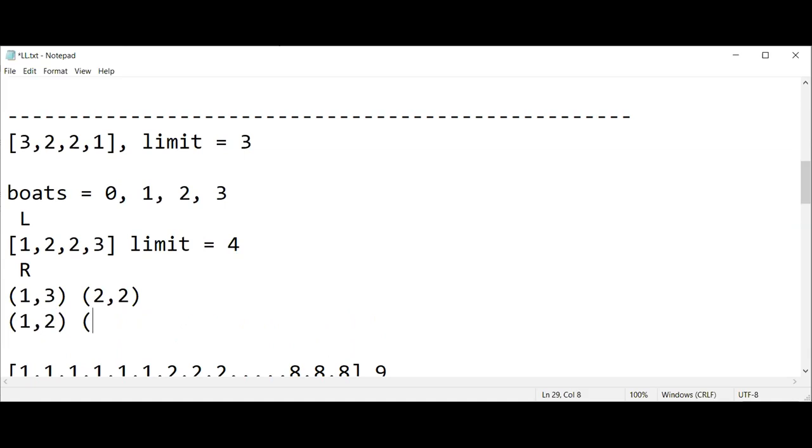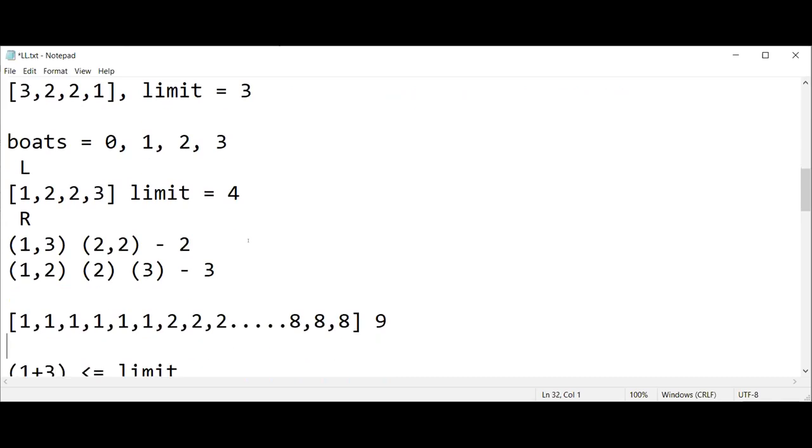Then for the second one, you cannot fill 2 and 3 both in the same board, so you'll have a separate board for 2 and a separate board for 3. So here you will need 3 boards, and in the above case you'll need 2 boards. That is the reason we go this way.